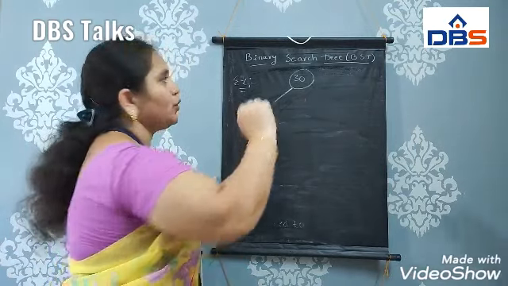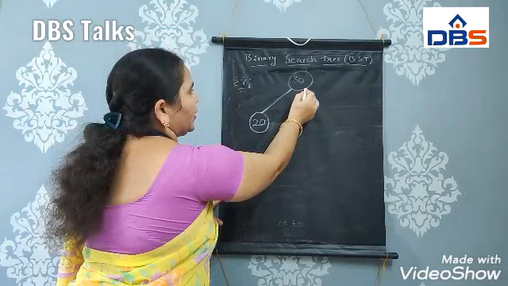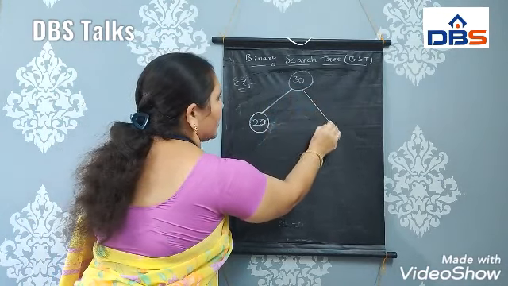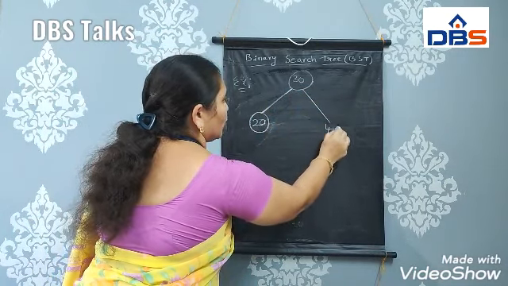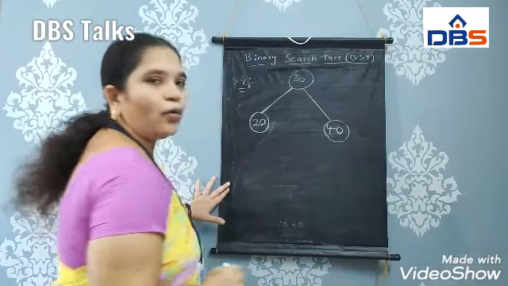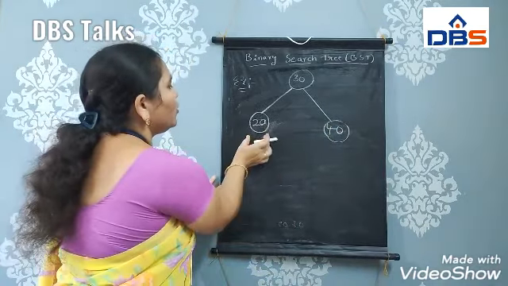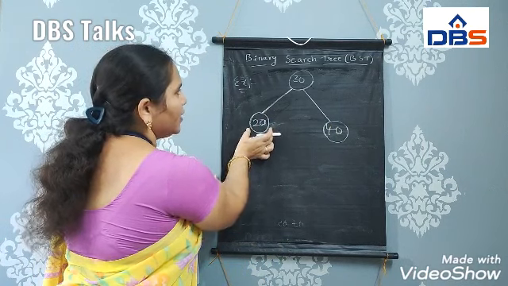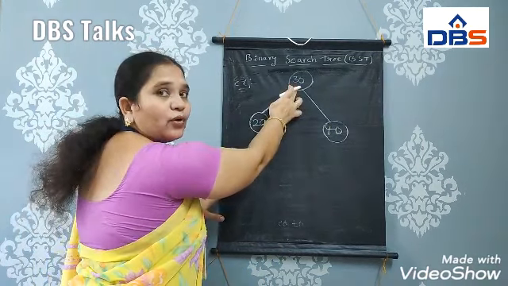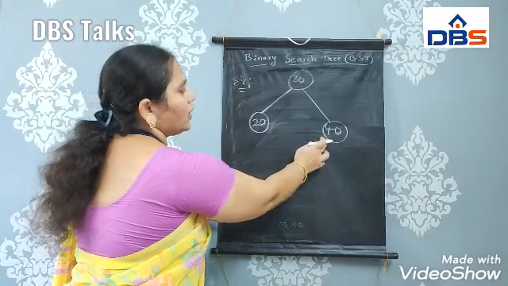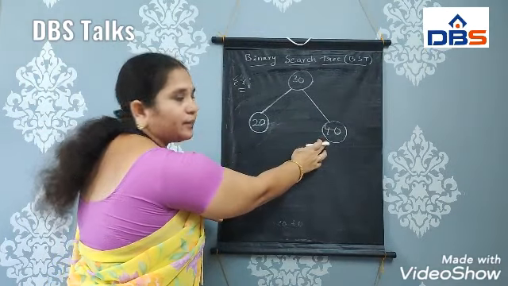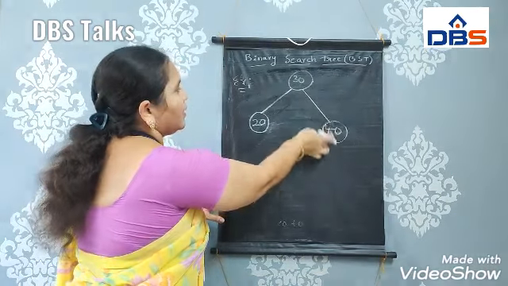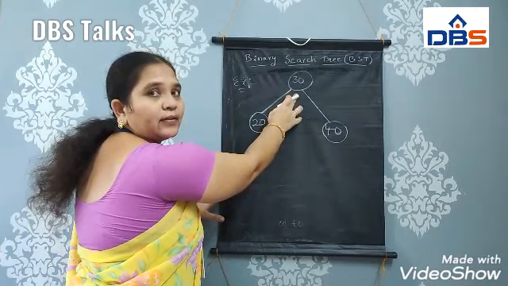We add the node 40 at the right hand side of the root node. Now the value on the left hand side, 20, is lesser than the root node 30. And the value 40 is greater than the root node 30.